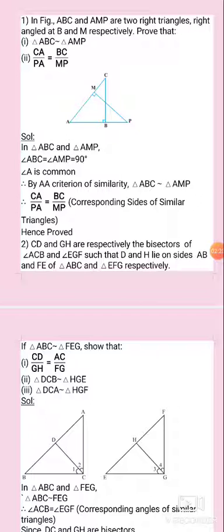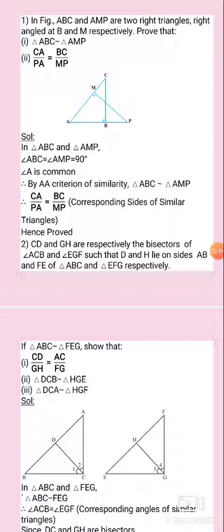If triangle ABC is similar to triangle FEG, show that first condition, CD by GH is equal to AC by FG. Second condition, triangle DCB is similar to triangle HGE. Third condition, triangle DCA is similar to triangle HGF.